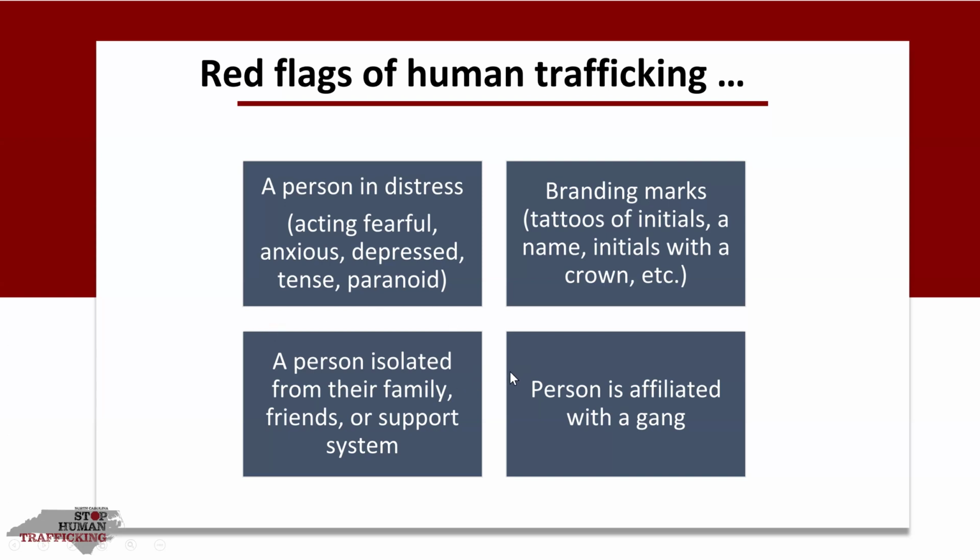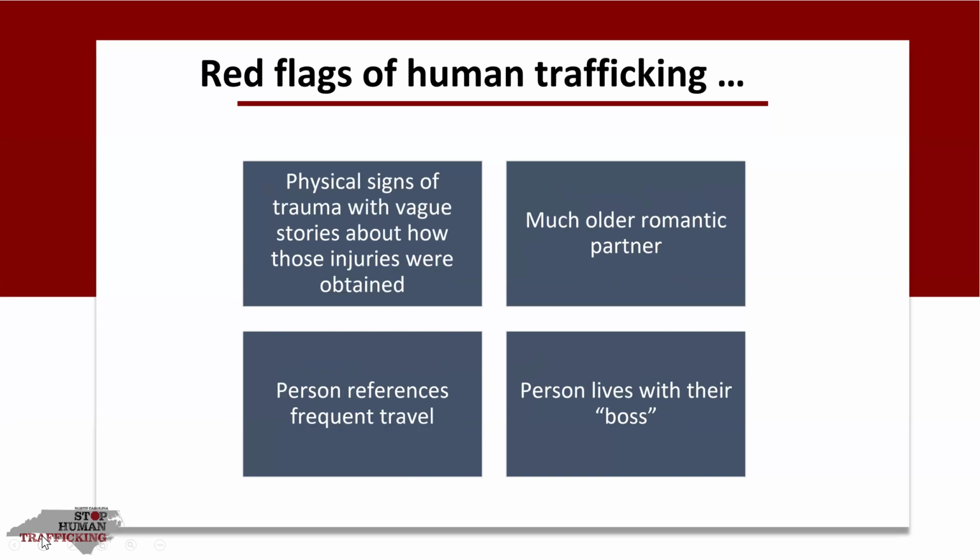Again, you can see these indicators and red flags often intersect with people's vulnerabilities and other social intersections of human trafficking. Physical signs of trauma with a vague story about how those injuries were obtained. I don't know how often you're going to come across that, but that is an indicator. There's a much older romantic partner. The person references frequent travel. There is nothing wrong with frequent travel, but the references I'm referring to are more like odd.